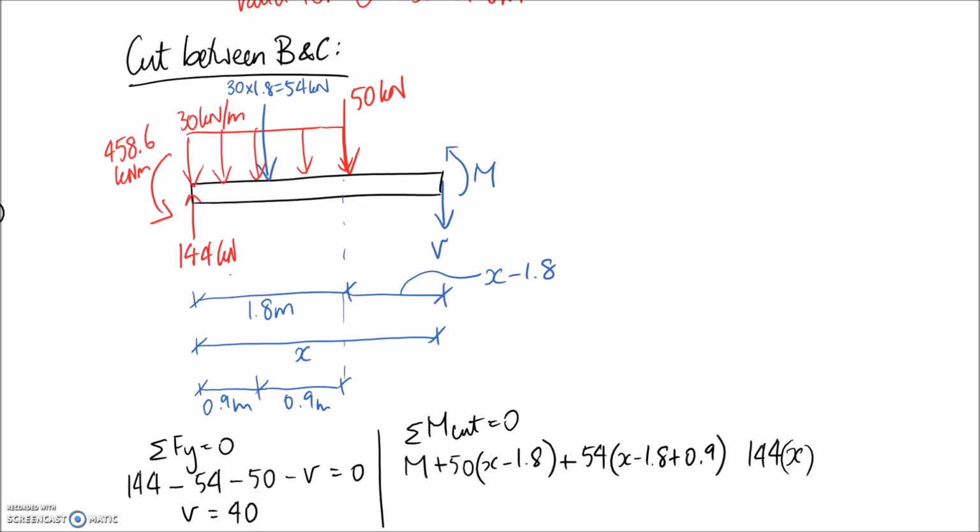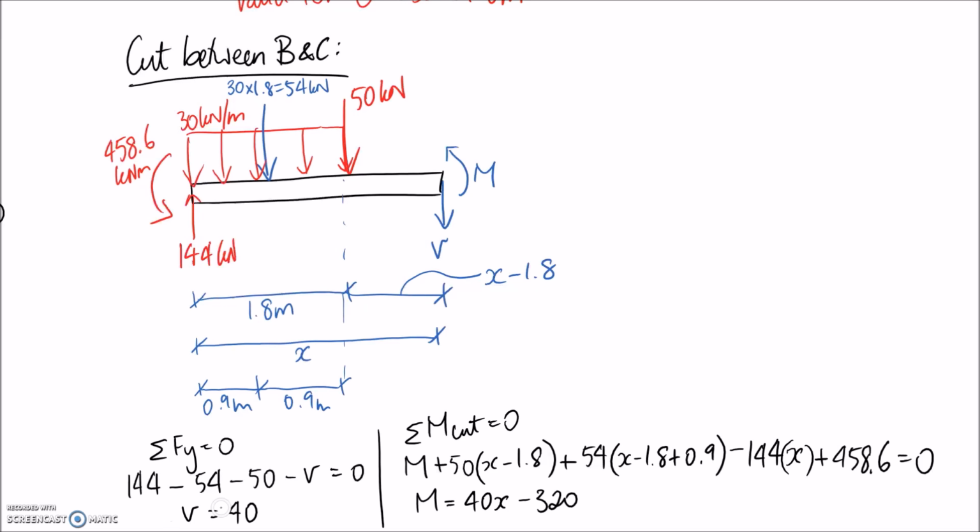And it's going to try and rotate clockwise, so it's negative. And finally, we have the 458.6 on the end, which is drawn anti-clockwise, so it's positive. So if you expand out all these brackets and put things together, and put M on one side of the equation on its own, all it becomes is 40x minus 320 for the bending moment.